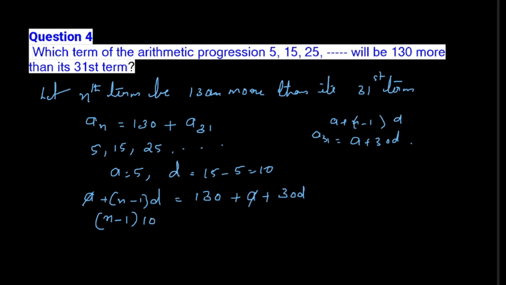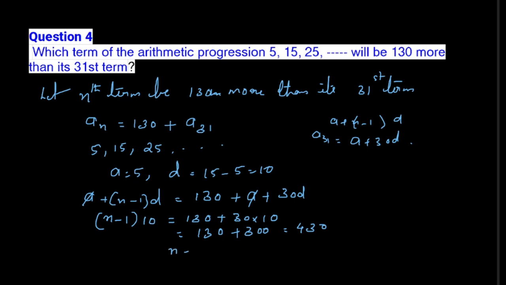So (n minus 1) into 10 is equal to 130 plus 30 into D, and D is 10 again. That is equal to 130 plus 300, which is 430. So (n minus 1) into 10 is equal to 430.